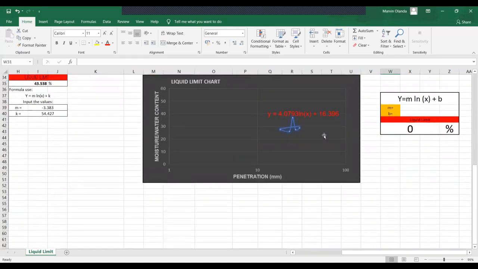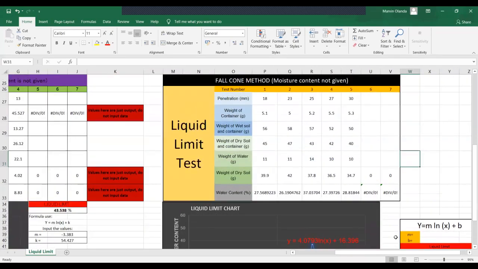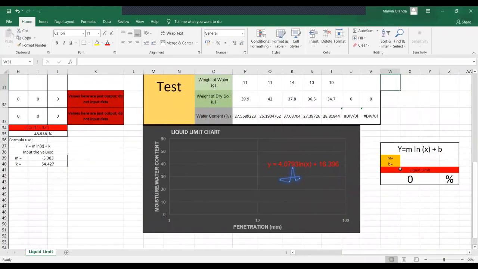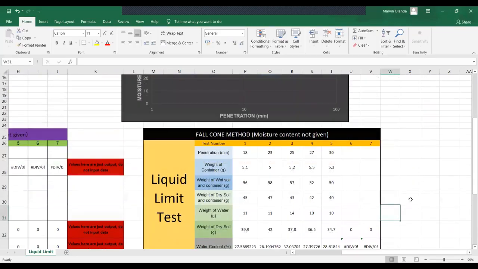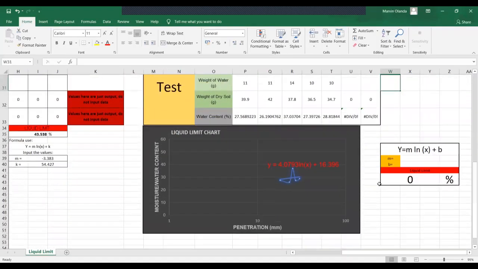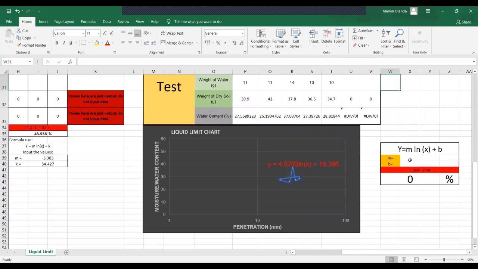Here our program automatically creates the graph. As we did here, we just copy the m and b and put them in the box. The m will be 4.0793 and the b 16.396.